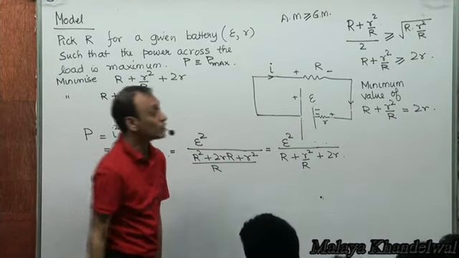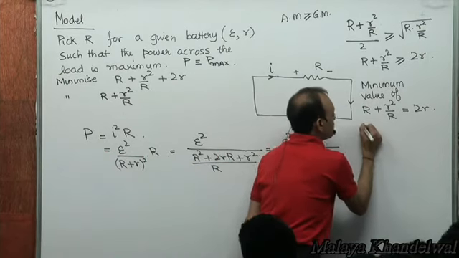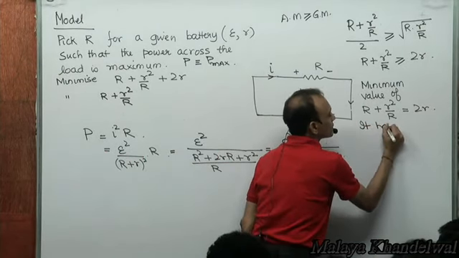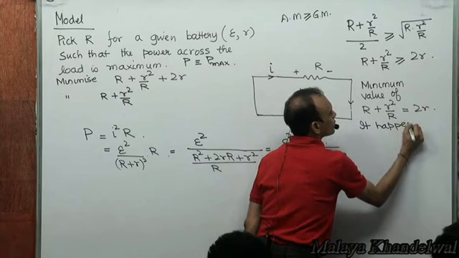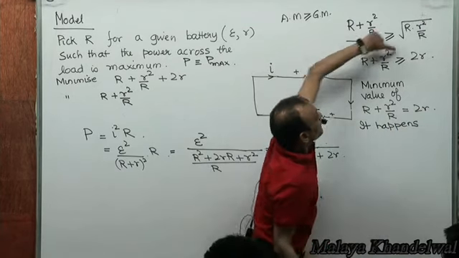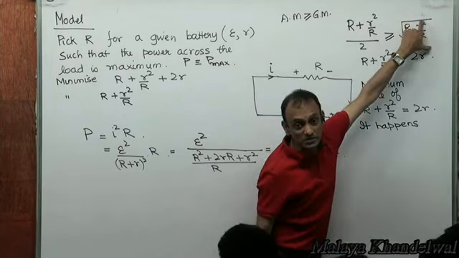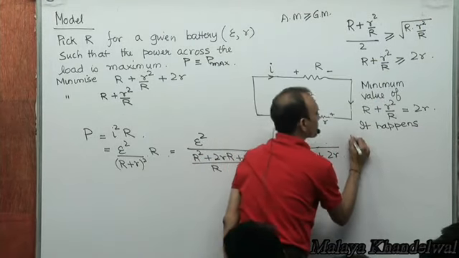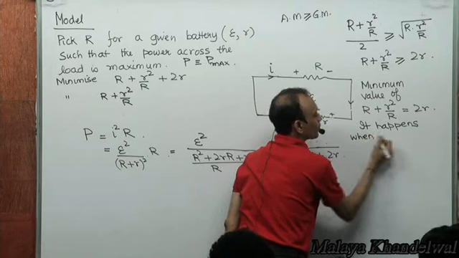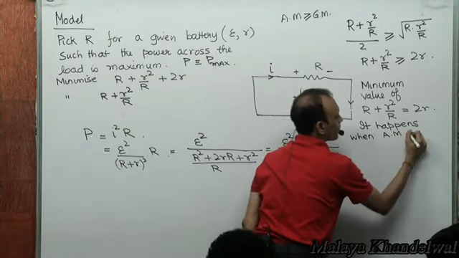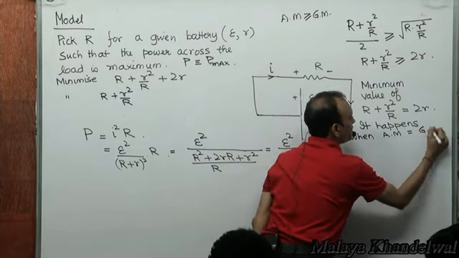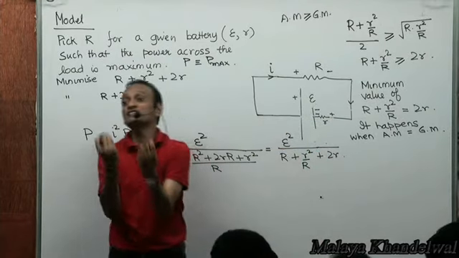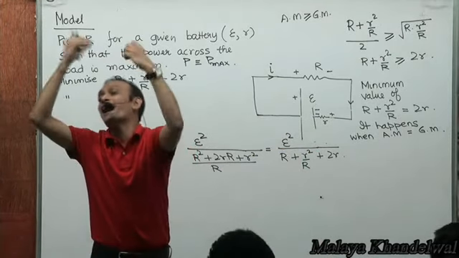Right? And it happens when this becomes equal to this, that means when AM becomes equal to GM. And when would AM be equal to GM? When the quantities involved in their constitution are equal.